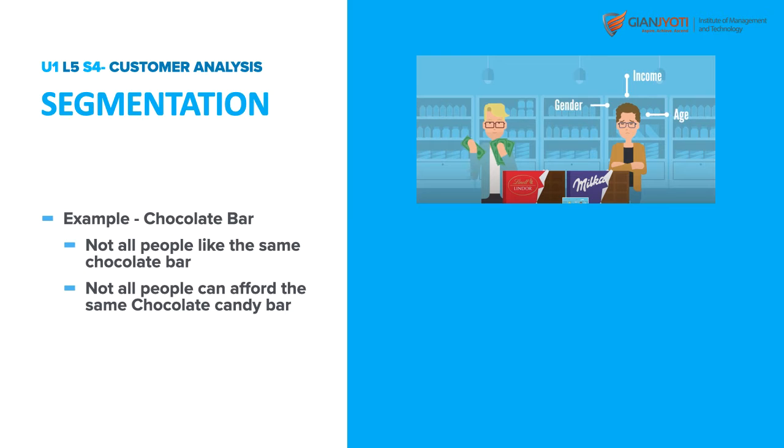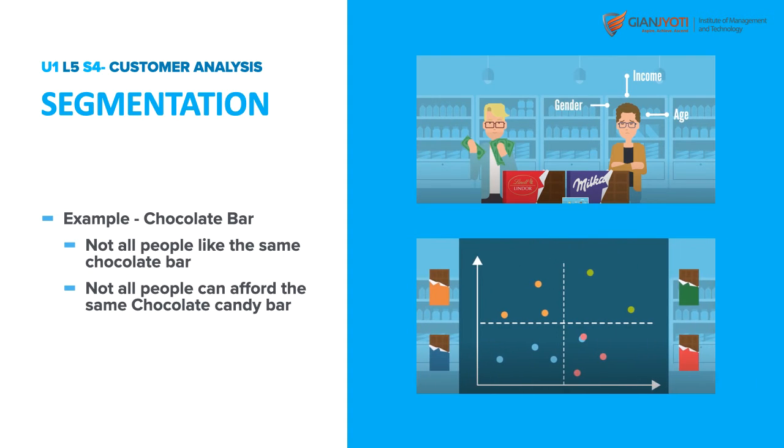If I talk of demographics, maybe it varies with age, income, gender. So based on the choices and the data available to us, the parameters that we use, we segment them. There are four segments that we divide the customer base into, for four different types of candy bars of chocolate.